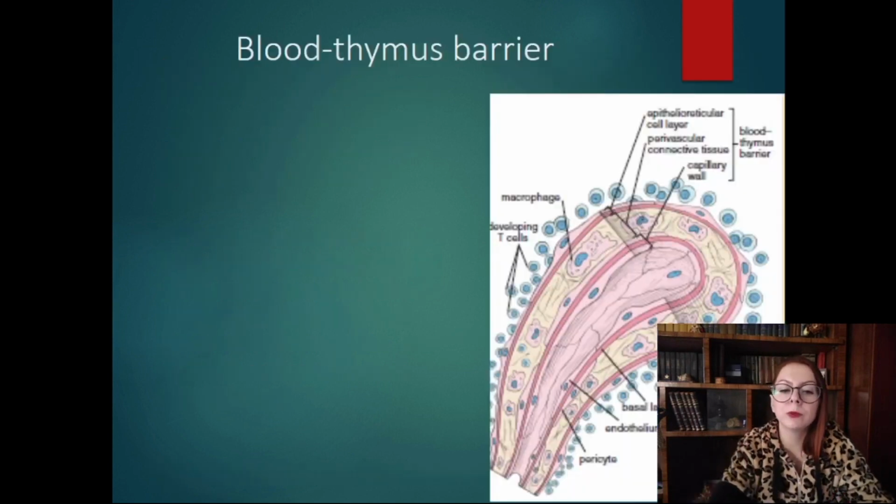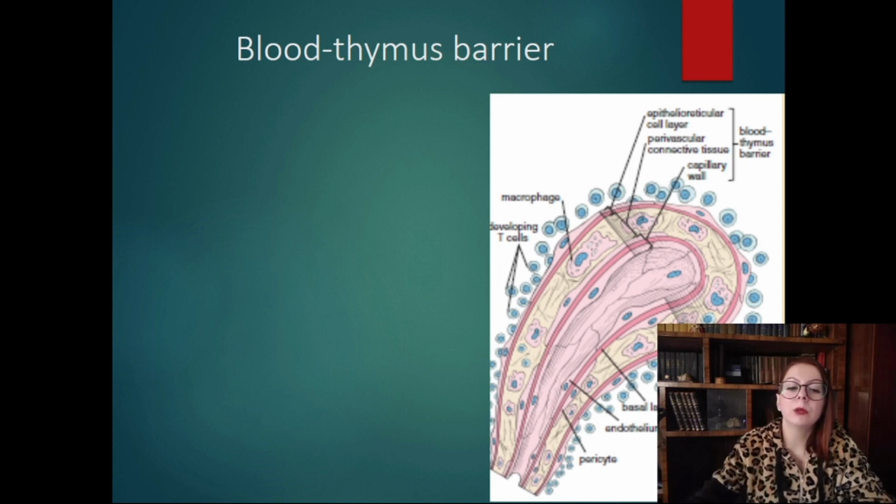Then also we have to mention that in the thymus we have a blood-thymus barrier. Blood-thymus barrier means that blood vessels in the thymus are equipped with an additional envelope, preventing the contact between blood-borne antigens and thymic T cells, immature T cells.